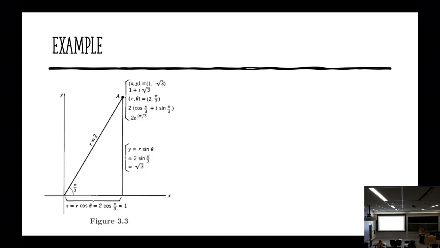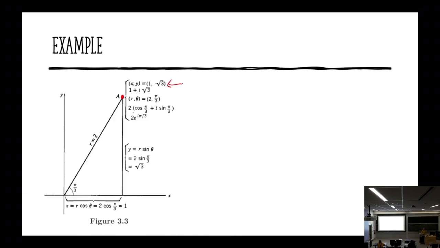All right, so if we look at this figure, our point here that's labeled A can be expressed or labeled many different ways. So we can label it in rectangular coordinates as 1 comma square root of 3. We can label it as equivalently 1 plus i times the square root of 3.